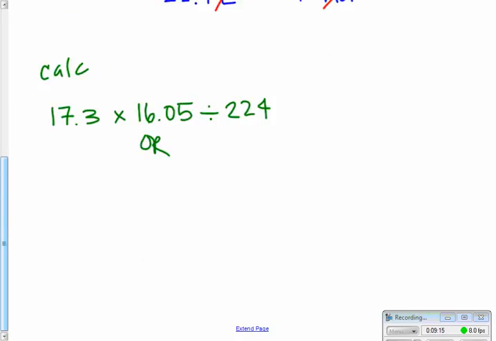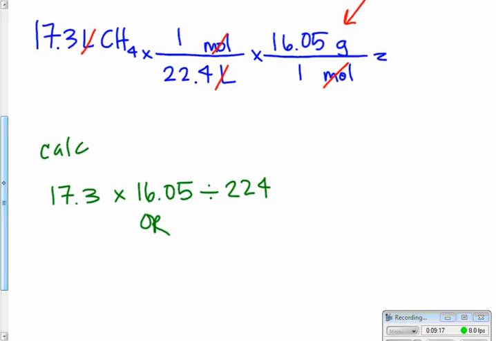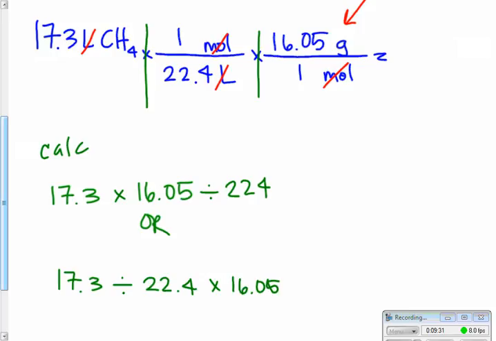Or you can go a section at a time. Like, you can do 17.3, and then divide by 22.4 because it's on the bottom, and then multiply by 16.05. Either one will give you the same answer. So just pick a way that you like and do it that same way every time.